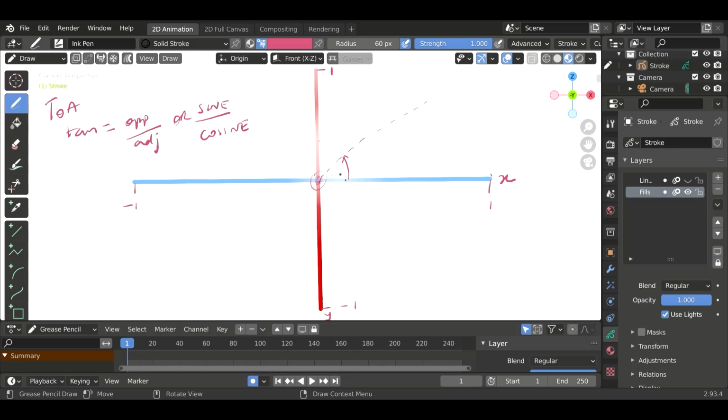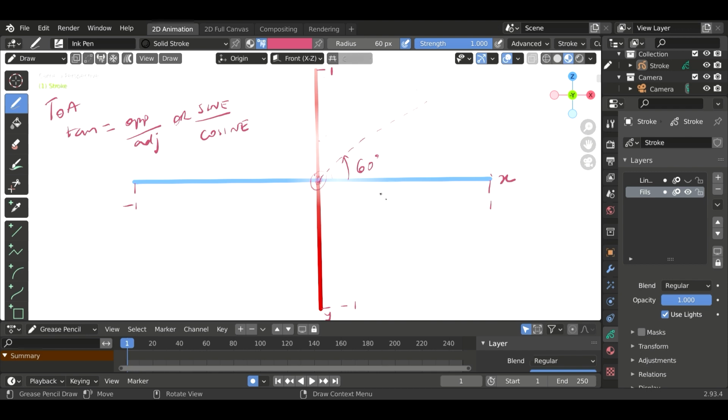So let's say we're looking for tan 60. So what's tan 60? No, we're looking for tan 60 in reference to sine and cosine.